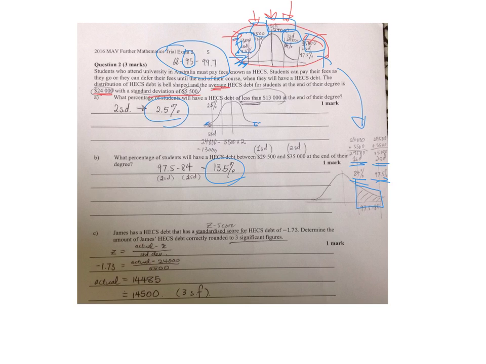Now part C, James has a standardized score for hex stat of minus 1.73. They want to know the amount of his stats rounded to three significant figures. First thing you need to know, standardized score, this is the formula to use to calculate it. Actual data value take away the average, the mean data value, then the whole lot is divided by the standard deviation value.